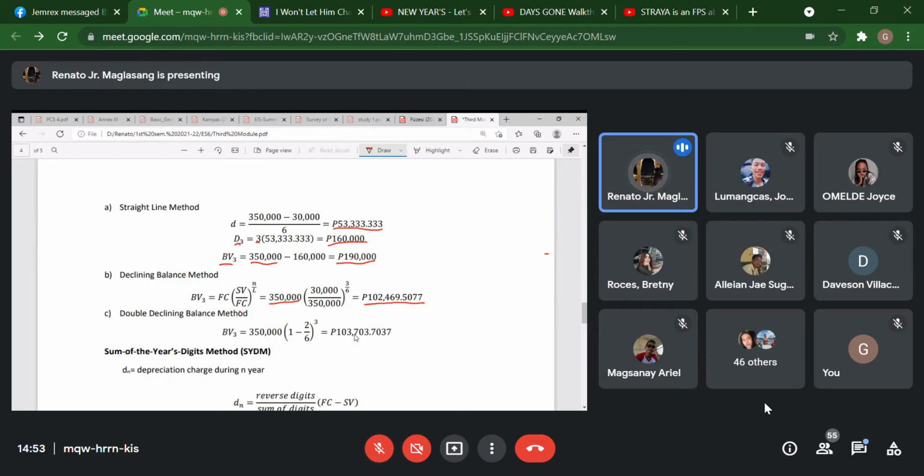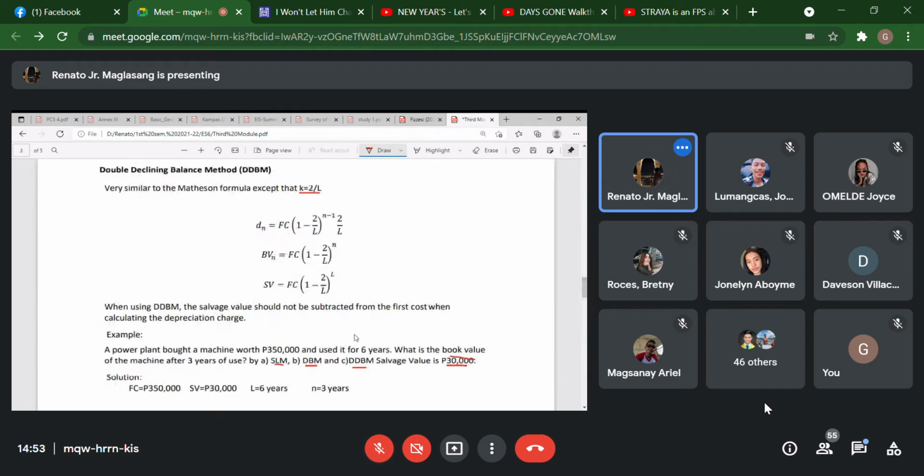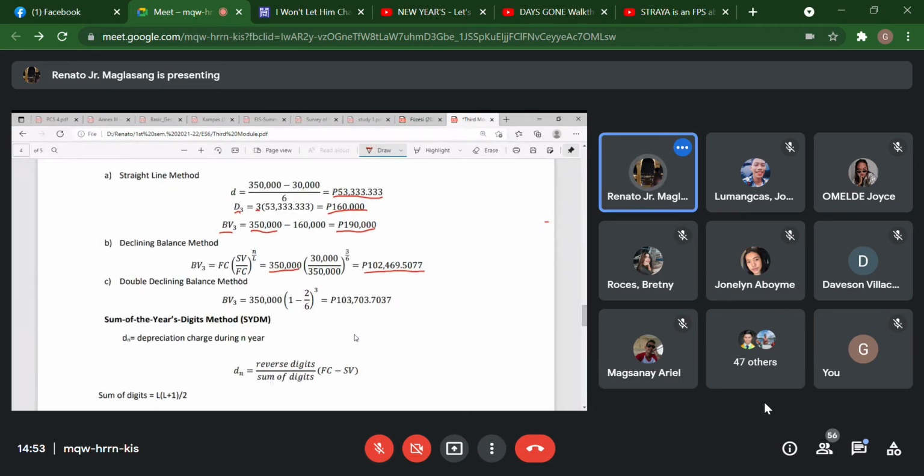Again, using the book value equation from the Matheson formula for the double declining balance method, book value is equal to 350,000 times 1 minus 2 over 6 to the 3. Using this equation, 2 over 6, n is 3.